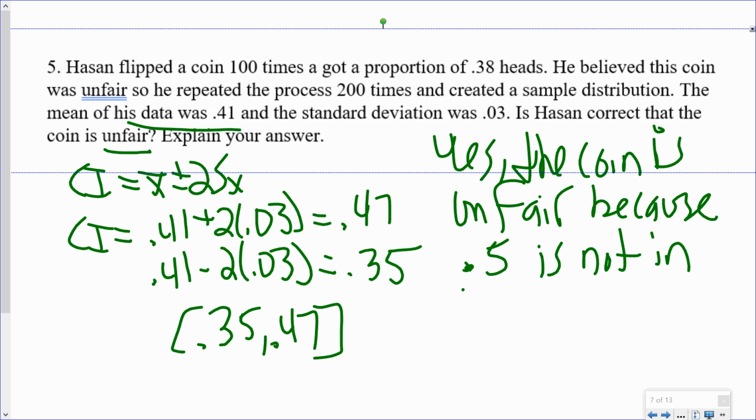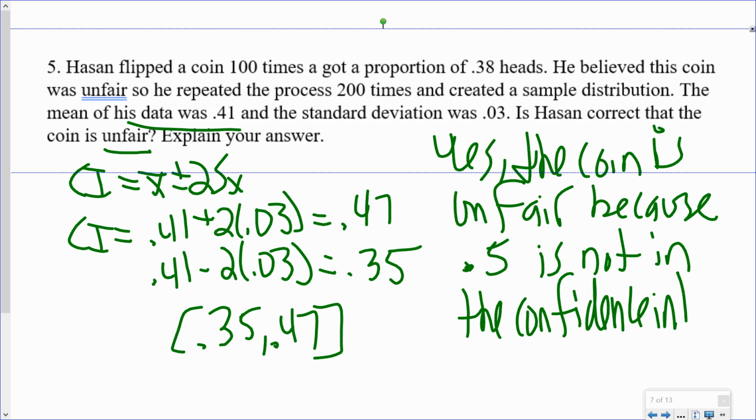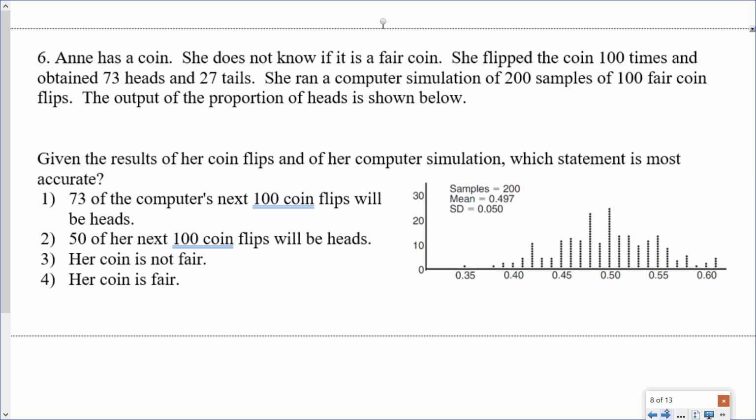It's not an expected value. To determine if a coin is fair, 0.5 would have to be inside the confidence interval. We found the confidence interval. It's not, so that is not a fair coin. Now this one's phrased a little bit differently.